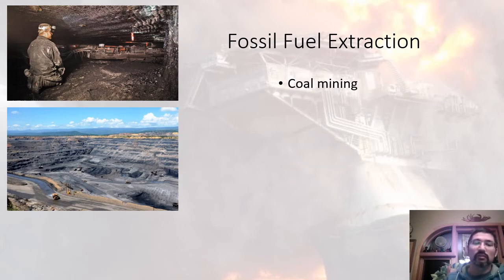These sludge pools hold the runoff waste from the coal mines, and occasionally these sludge pools break, they flood an area, they poison all local wildlife, they poison people that live in the area. So mountaintop removal mining is extremely bad for the environment, extremely bad for the miners, and extremely bad for anyone who lives in that area.